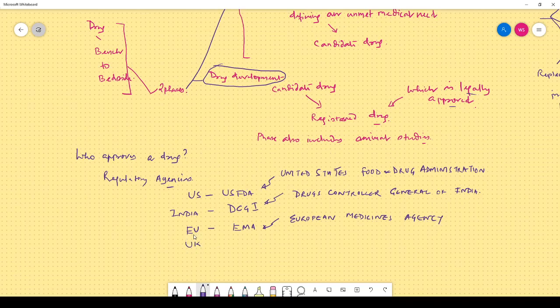So the UK has delinked from the EU. So they have got a regulatory authority that is called MHRA. What is MHRA? It is Medicines and Healthcare Products Regulatory Agency.